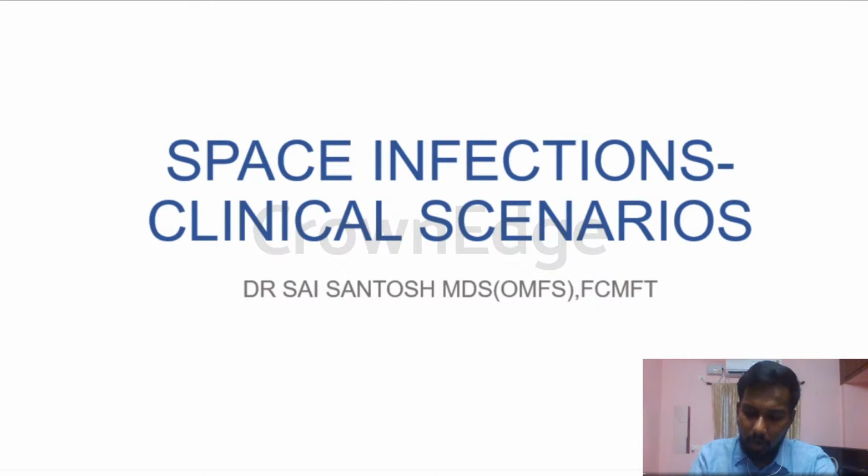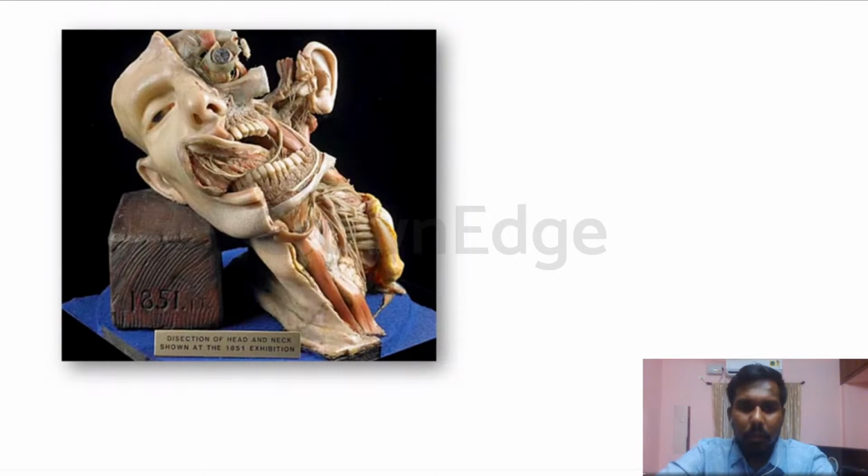Before we go ahead in the lecture, I'm sorry for the interruption for a second. I think the first dissection of the head and neck was shown in the year 1851, in an exhibition in England. This is one picture of historical importance.